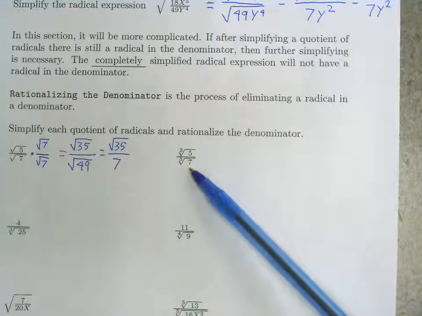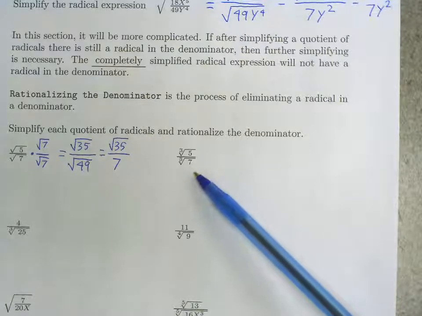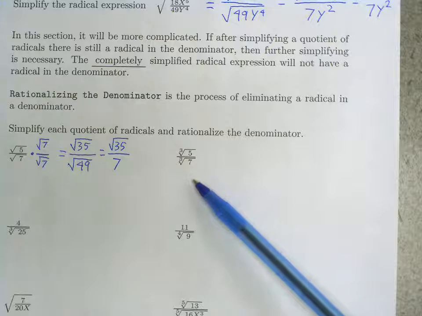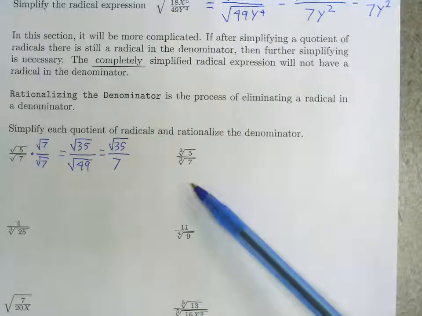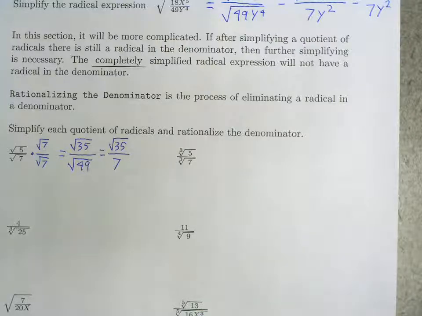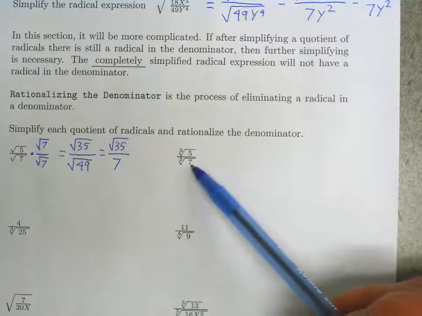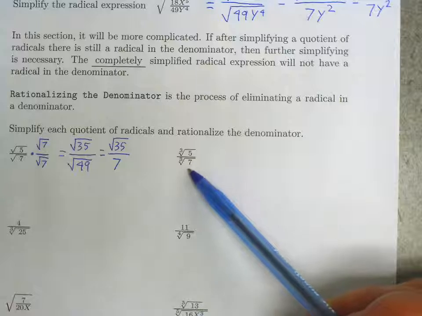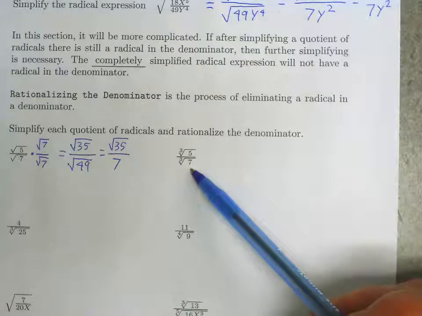Okay, well, think of 7 as 7 to the first. And if I multiply 7 to the first times 7 to the second, I get 7 to the third. And 7 to the third is a perfect cube. So 7 times 7 to the second is the same as 7 times 49.